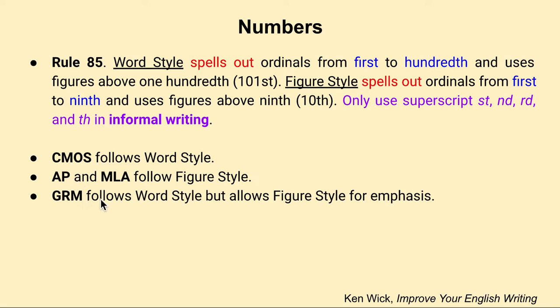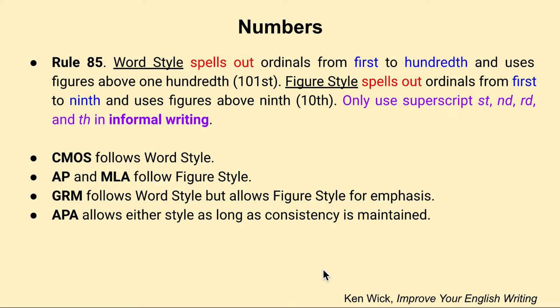The Gregg Reference Manual says follow word style, but allows figure style for emphasis. So the default is word style, but you can use figure style if you want to. APA says use either as long as consistency is maintained.